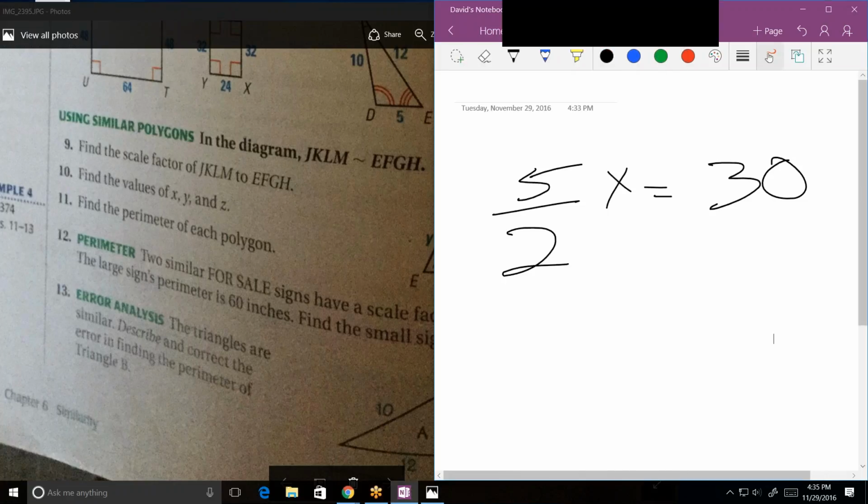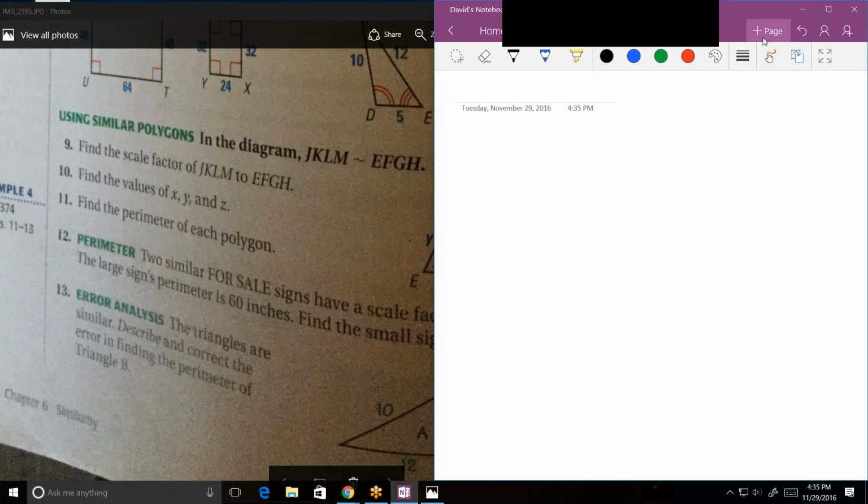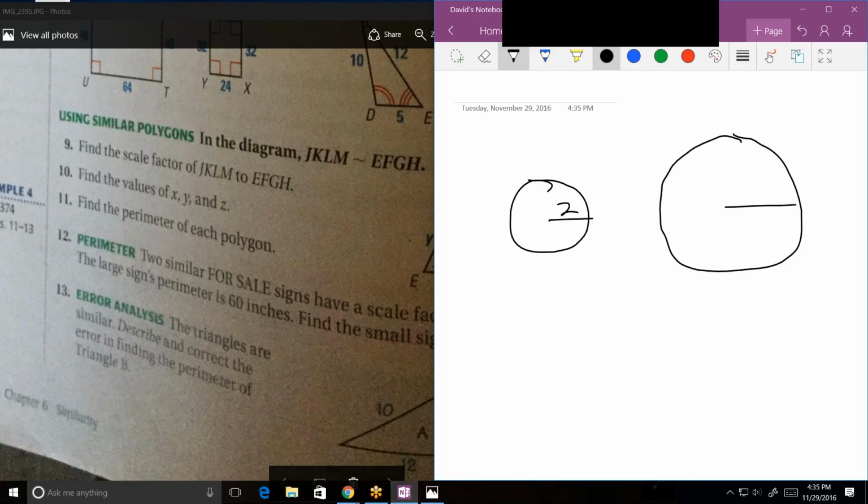Let's go over that real quick. If I have a circle that has a radius of 2, and I have a bigger circle that has a radius of 4, what's the scale factor between these two similar figures? The scale factor is 2 over 1, right? What's the area of the smaller one?